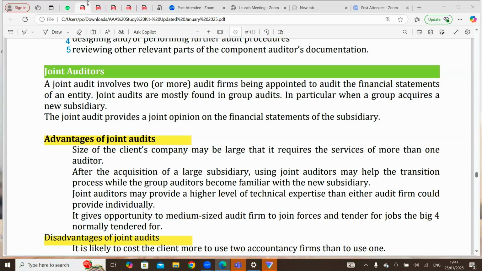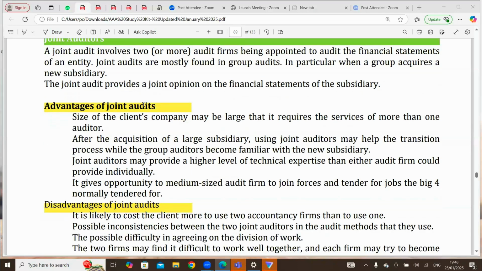Then strategically, they will ease off the arrangement, maybe after the first 2 years, when the group auditor will have already known how to go about auditing the subsidiary, will have had enough information. That's how they sometimes start auditing it alone. But for joint audit, it's basically appointing two audit firms to be your auditor.